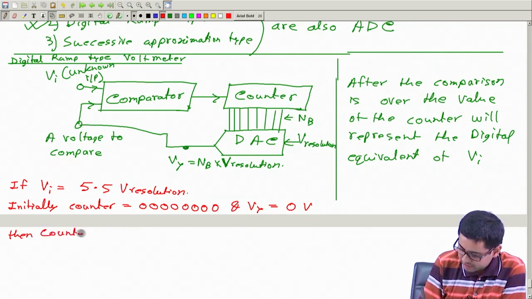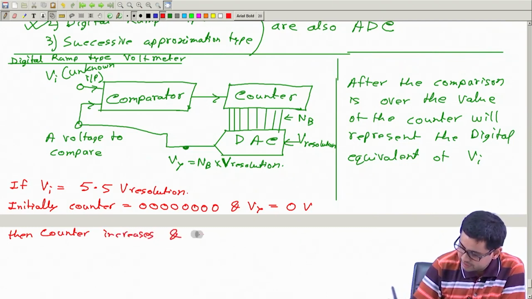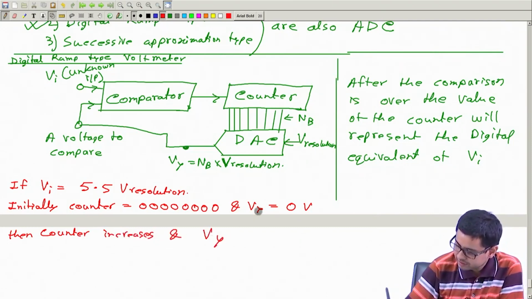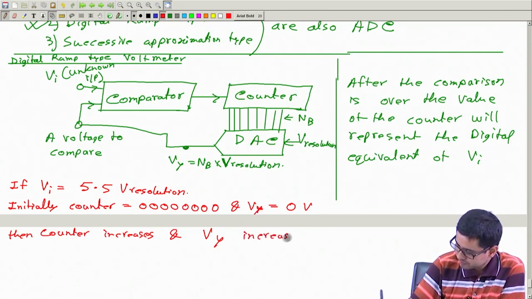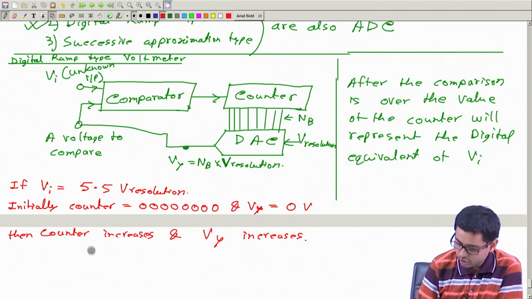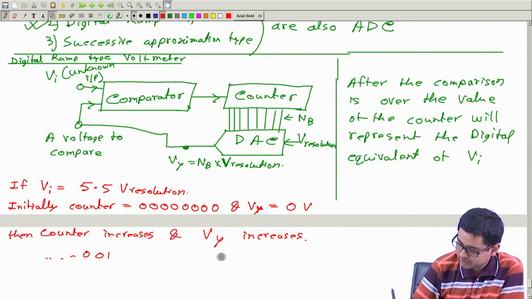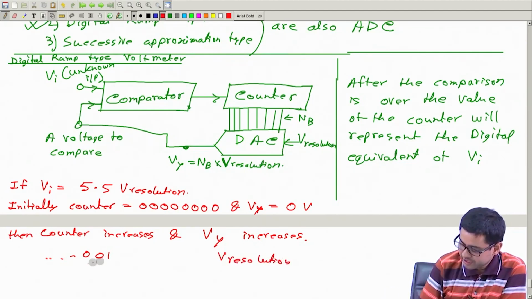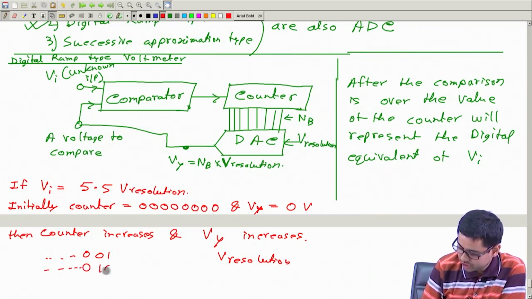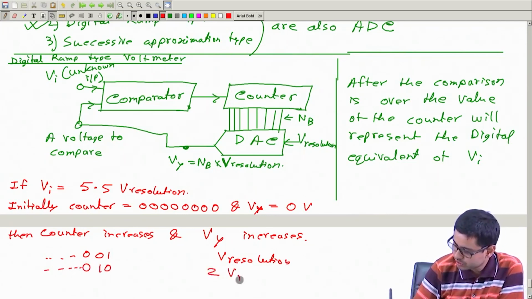Then the counter increases and Vy also increases. So the counter value becomes, say, 0, 0, so many zeros and 1, then Vy becomes V resolution. Then the counter becomes 0, 0, 0, 0, 1, 0, then it becomes 2 V resolution.